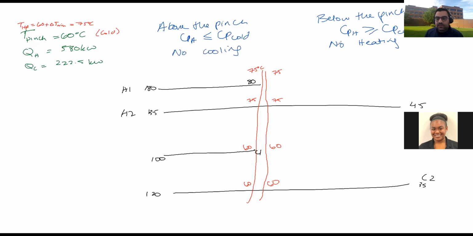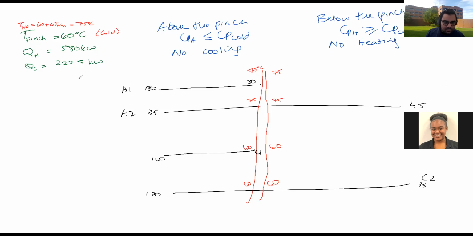Okay, so once we divide the problem into above the pinch and below the pinch, we have listed the rules of this game. As you can see here, it depends on the CPs. So maybe it's a good idea to list the heat capacities for these streams. For H1, it's 13.5.